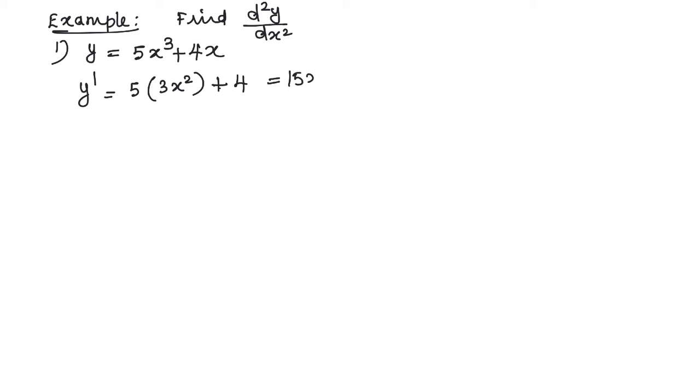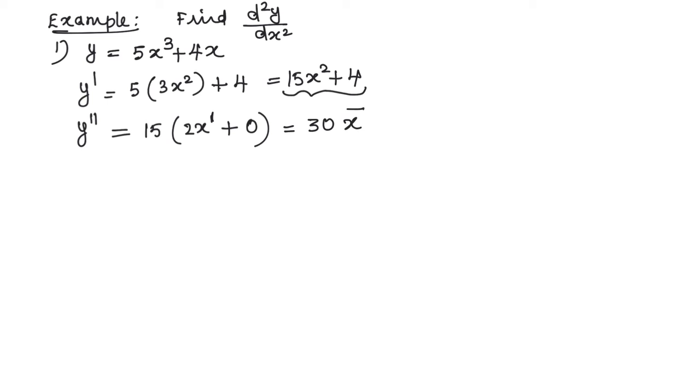So that is 15x square plus 4. Then take the derivative of that again. So derivative of 15x square, 15 times 2x, plus derivative of 4 is 0. So we are bringing the exponent in front and subtracting 1 from the power. So basically we have x to the 1. We won't write the 1. Then simplify that. So 30x. So that is the second derivative.